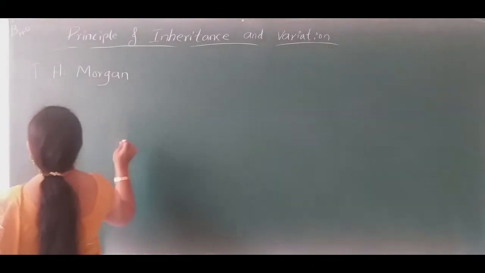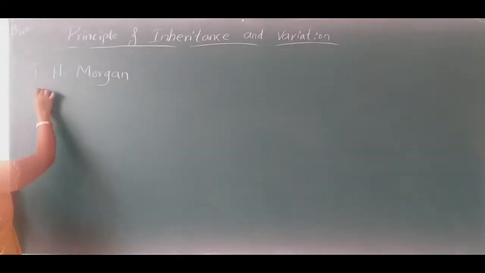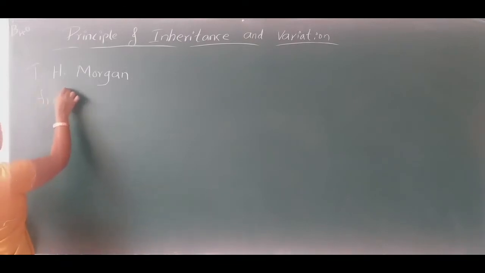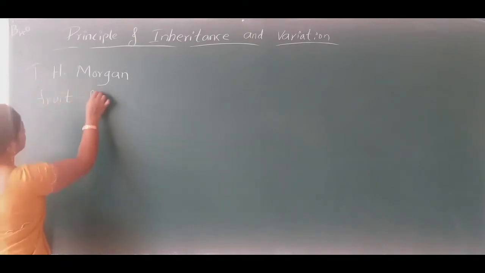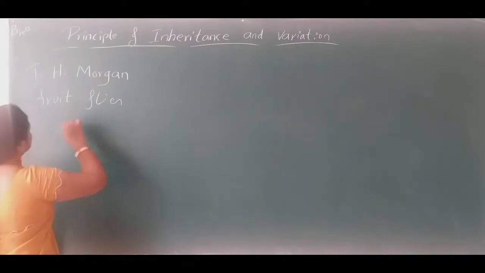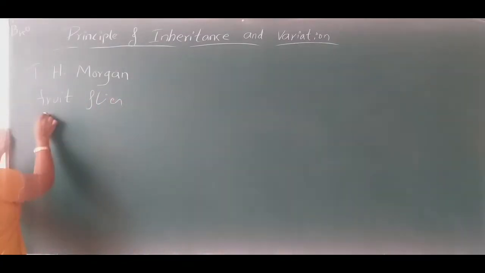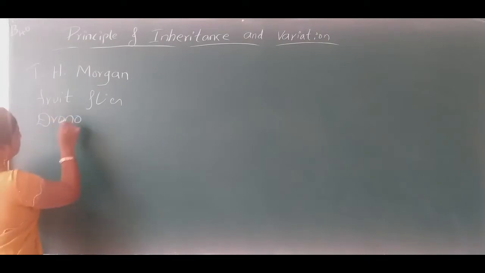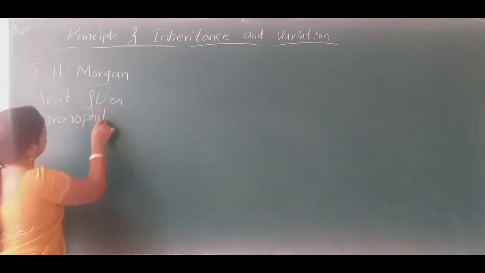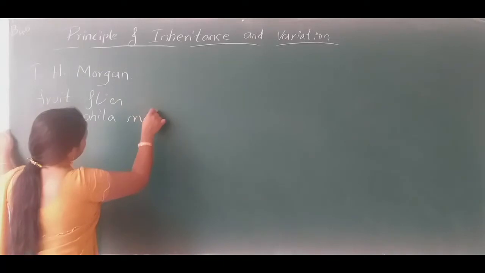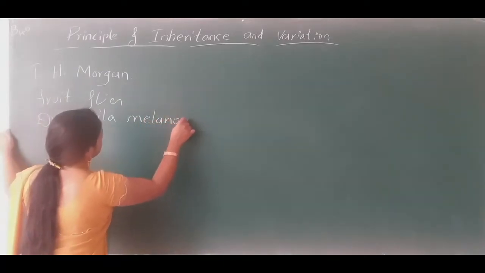Thomas Hunt Morgan, with his colleagues, worked by taking one organism known as fruit flies. The scientific name for the fruit fly is Drosophila melanogaster.